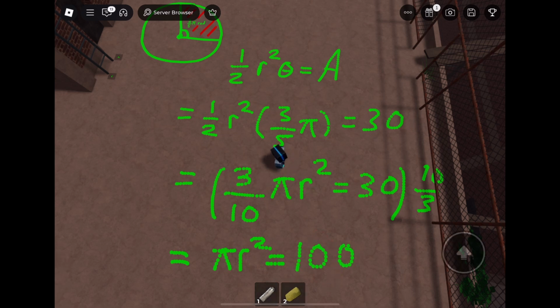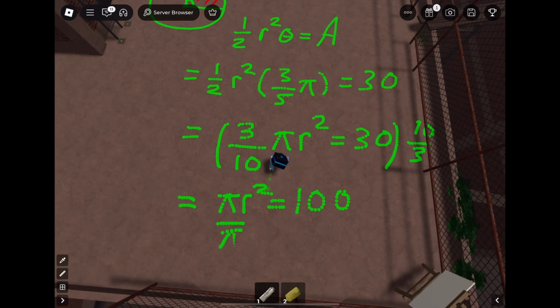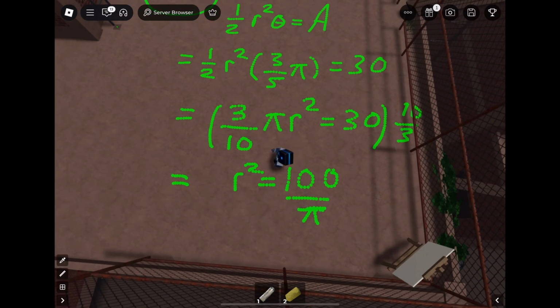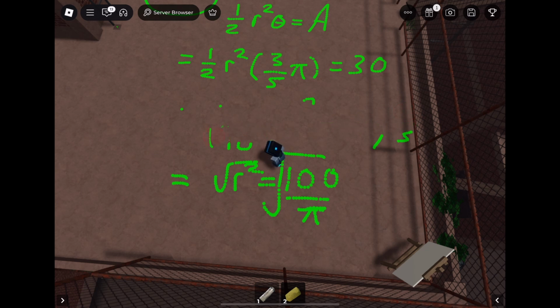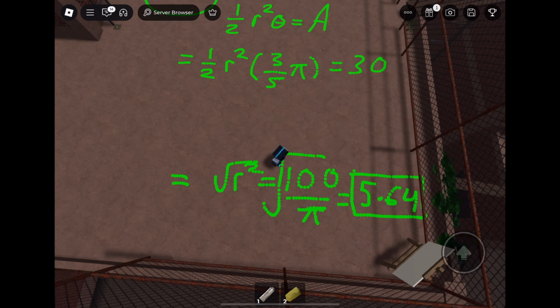So just divide by pi on both sides to eliminate the pi here. And then now that we have r squared is equal to 100/pi, just take the square root of both sides. So all you need to do is take the square root of 100/pi to get the radius. Put this into a calculator and you get roughly 5.64 is the answer. So the radius is just 5.64 units.